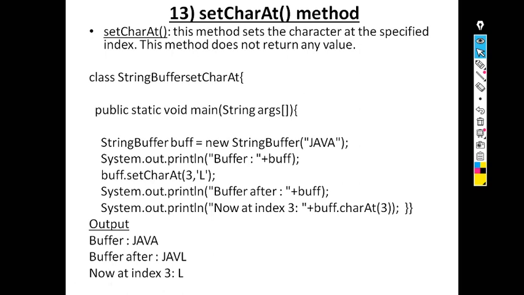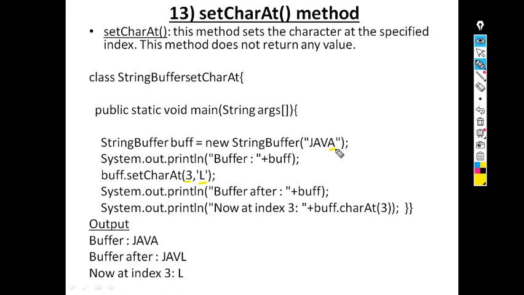Next method is the setCharAt method. This method sets the character at the specified index. I have taken one example, StringBuffer buff equals new StringBuffer Java, and I want to print what is in the buffer, so I have written buffer plus buff. So the buffer now contains JAVA. Now I want to set the character at position 3, the third index, to L. So what is position 3? 0, 1, 2, 3.